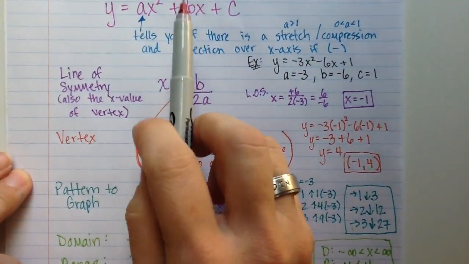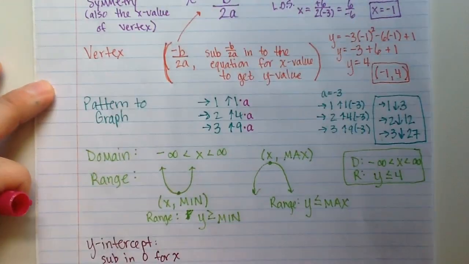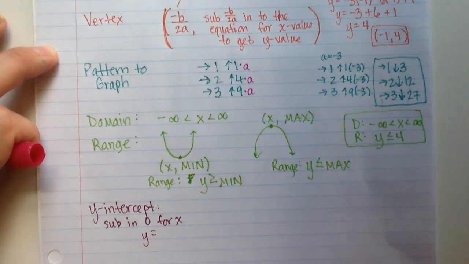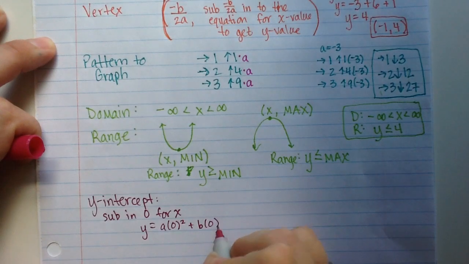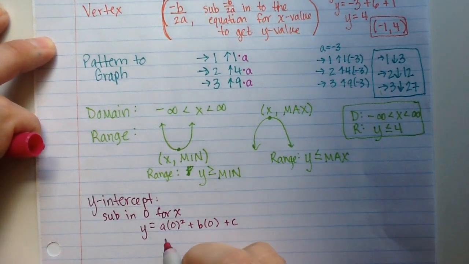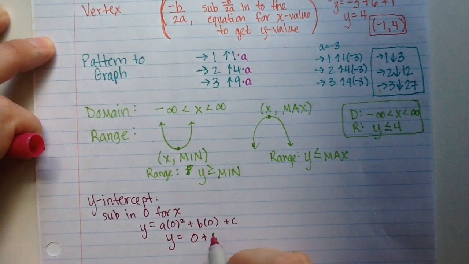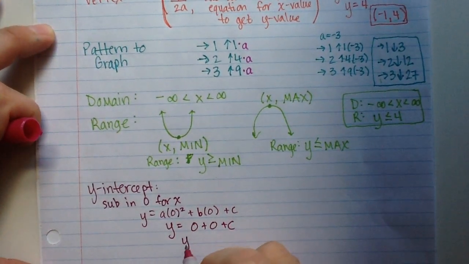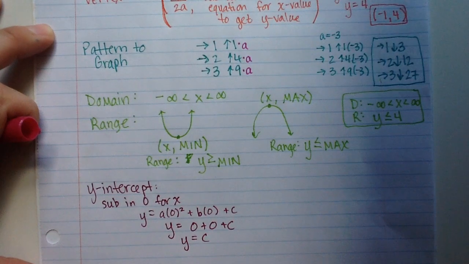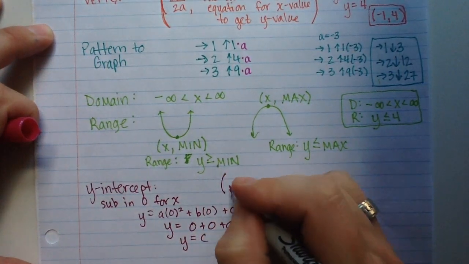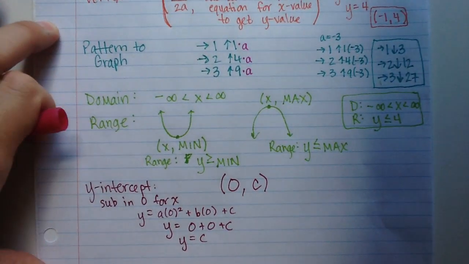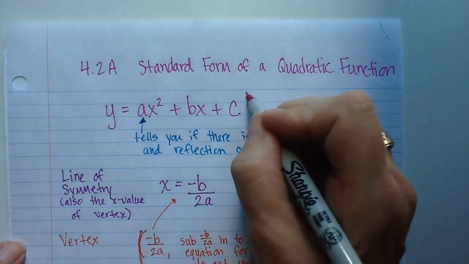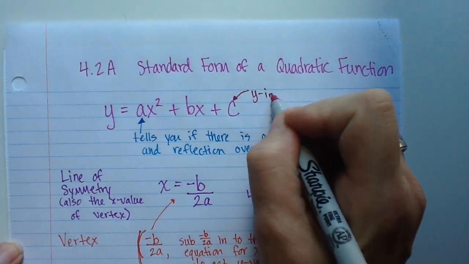And if you think about this standard form, and I put in 0 for this x and 0 for this x, then I'll have y equals a times 0 squared plus b times 0 plus c, which gives me y equals 0 plus 0 plus c, or in other words, y equals c. So the y-intercept in standard form is going to be 0, comma, c. So I think I'll go ahead and label that up here, that this is the y-intercept.